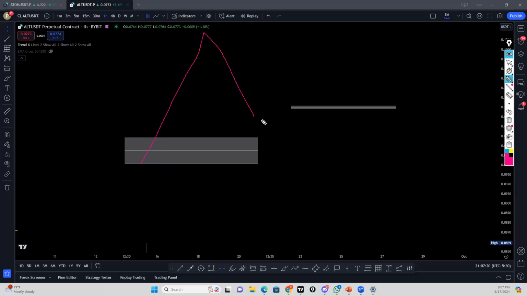So the previous week had a wide trend X, but still we got a very good move. As soon as we see the next week's narrow trend X, the market is ranging. The reason is that the move already finished last week. So make sure that the market was sideways.